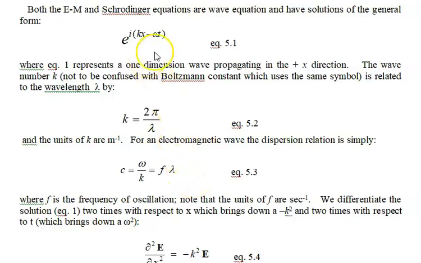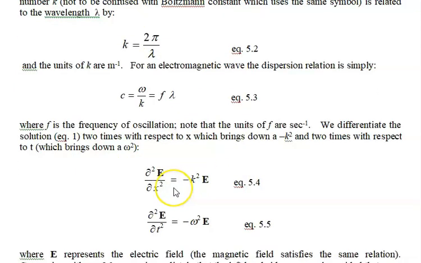And if we differentiate this twice with respect to x and then twice with respect to t, and use c equals f lambda, we get the wave equation. And here sits the wave equation. We differentiate twice with respect to x, we bring down a k squared.